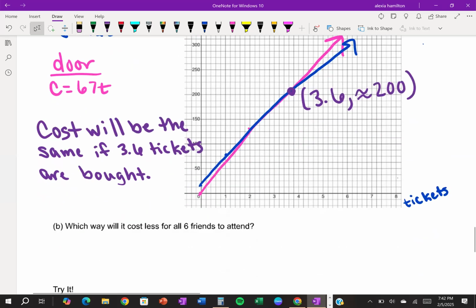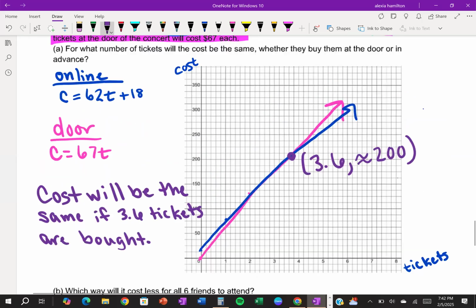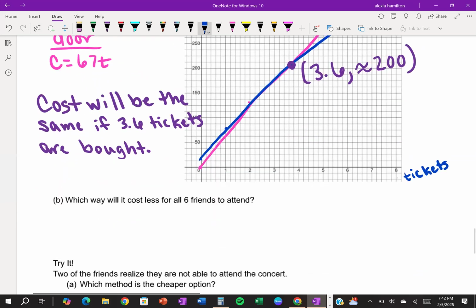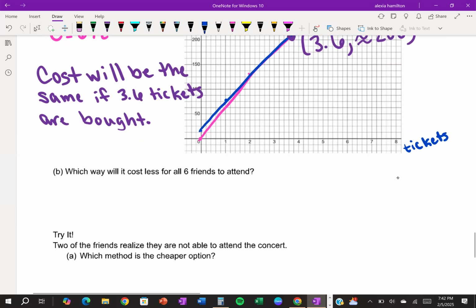Okay, so which way will it cost less for all six to attend? Well, which one has the lower slope? I think that's online. But let's just check. So online for six people, I'm going to say this is an O: 62 times 6 plus 18.